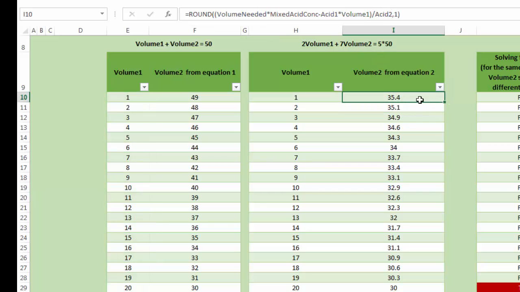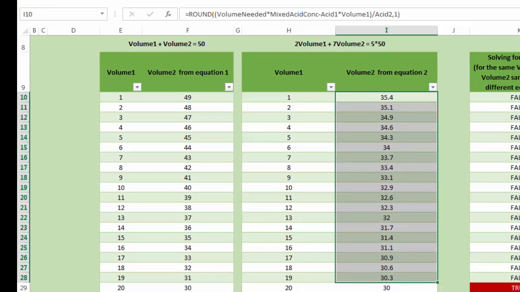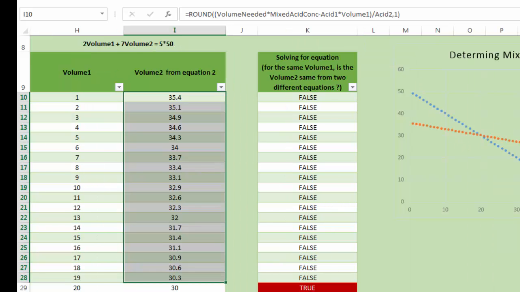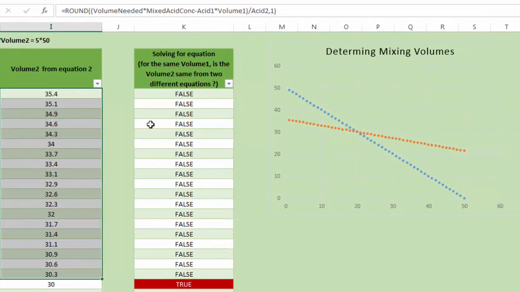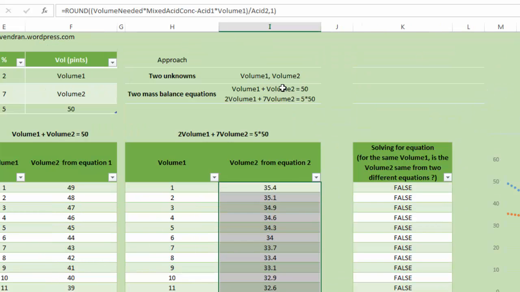So then you write the equation, double click and send it down, and you can see that it has filled in the volume 2 for the same volume 1. Now I've plotted them into a scatter plot, and you can see that they relate very nicely, the volume 1 and the volume 2, because they are both related by linear equations, the two equations.